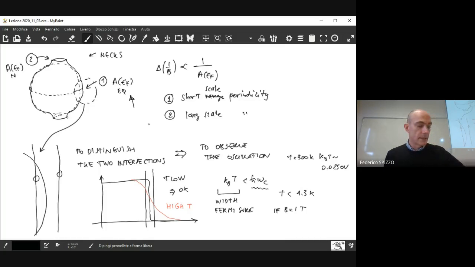Starting from the next lessons on next Monday, I will just give you a short indication of what changes concerning the optical properties of the Bloch metals, so metals described by the Bloch theorem. And after that, I will switch to a new topic.